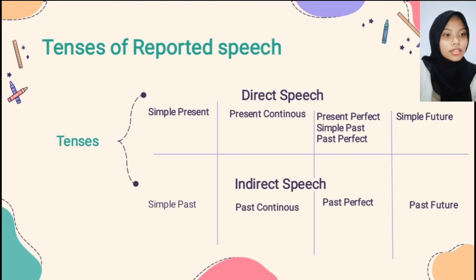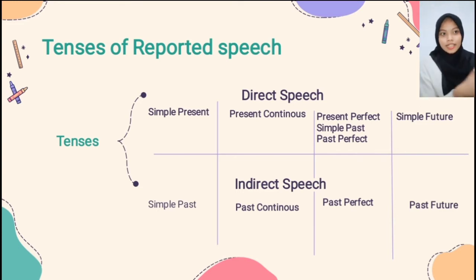The next slide is tenses of reported speech. Direct speech refers to indirect speech. Simple present refers to simple past, and present continuous refers to past continuous. Next, present perfect, simple past, and past perfect refer to past perfect.